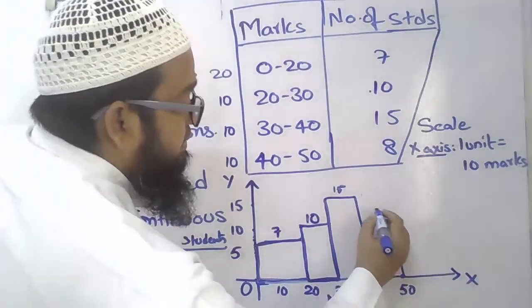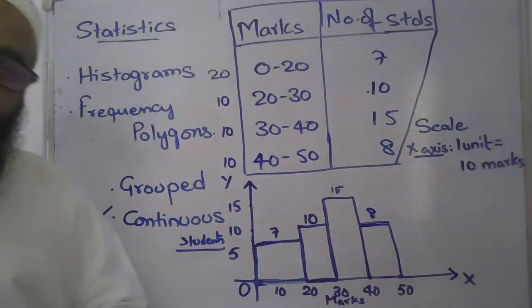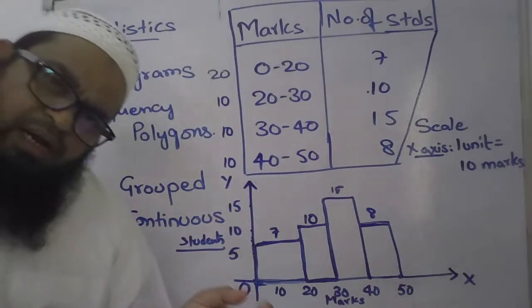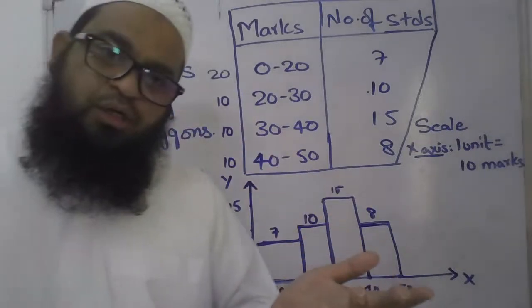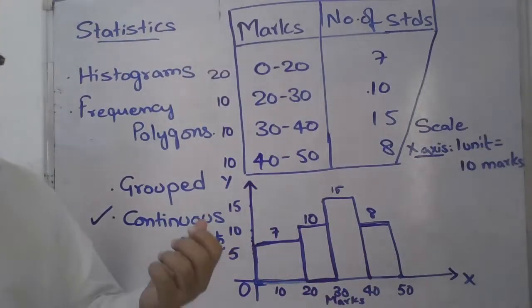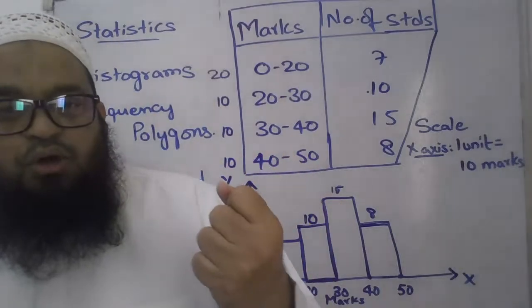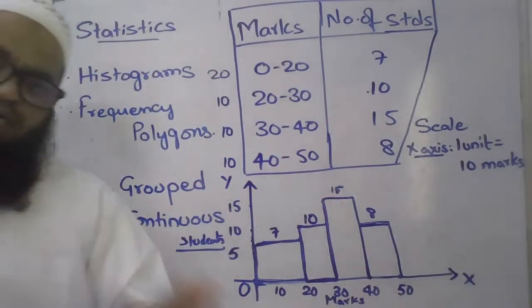So it comes like this. Understood? This is how you have to draw a histogram. Only you will get either 3 or 4 marks. I don't remember exactly, but I strongly say the histogram may carry 3 marks. Okay, so if you draw this much, it's enough.